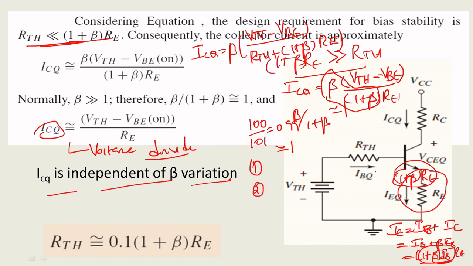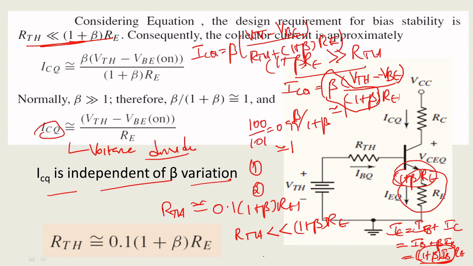The second thing, to minimize the loading effect, I need to maintain your RTH. RTH should be approximately 0.1 times of 1 plus beta RE. That means your RTH should be less than 1 plus beta times of RE. What are you understanding from this? This is RA. RA is this resistance. This RA should be greater than RTH.